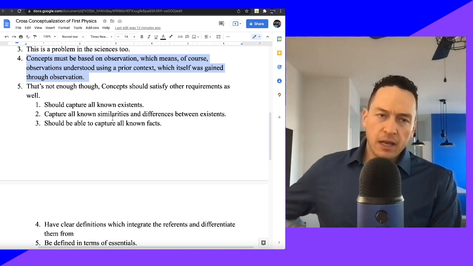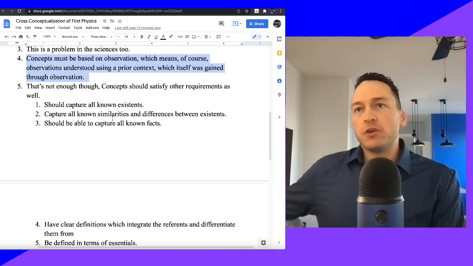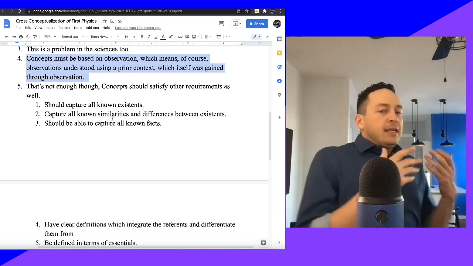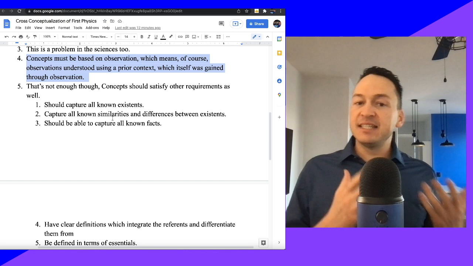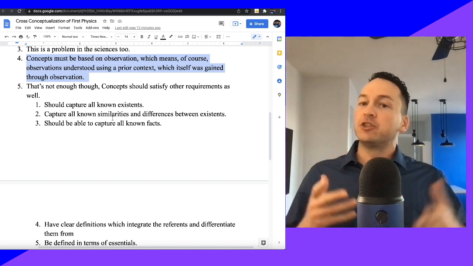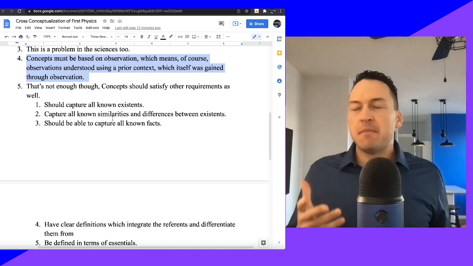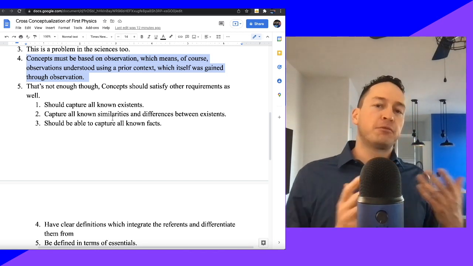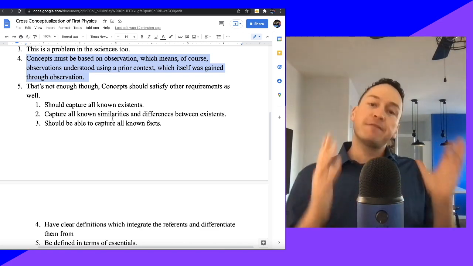So you could say, oh, well, your concepts have to be formed based on observations. Here's the thing, that's not enough. In order to understand what those mass ratios even meant, you need to understand them in the context of a prior context of knowledge. And I've covered that.